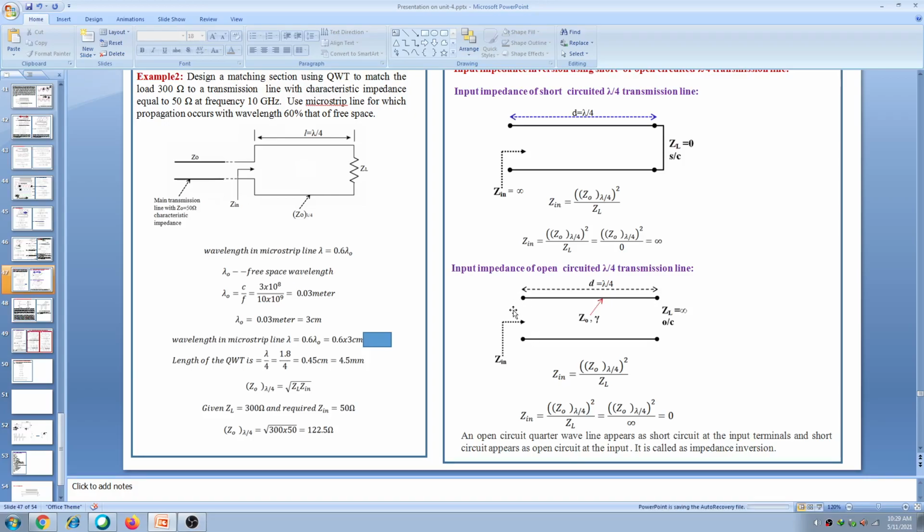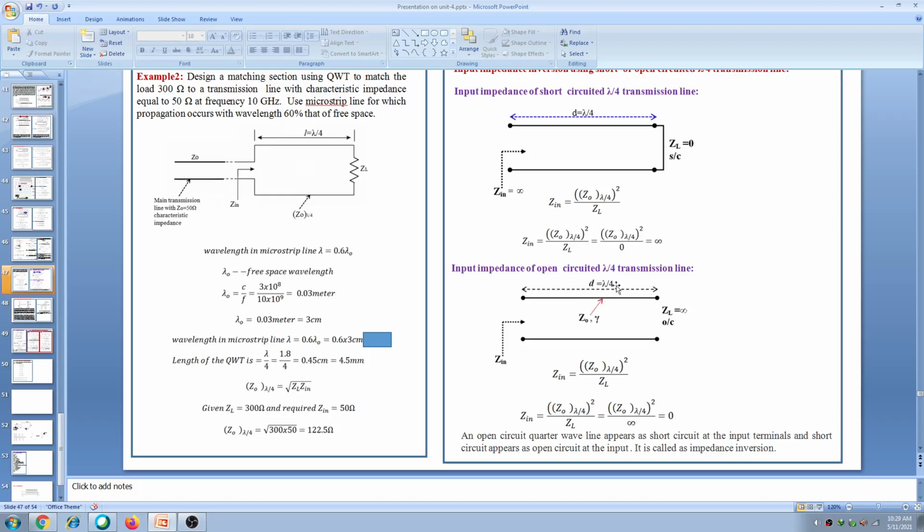Current will enter like this. So here is a 0 impedance, and that is called impedance inversion.